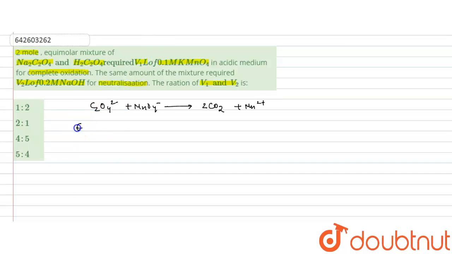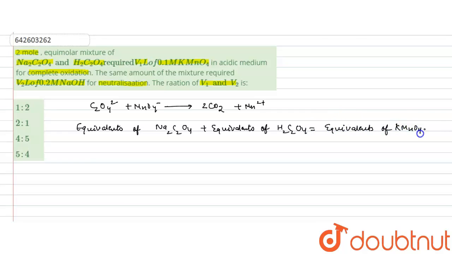So we can write: equivalence of Na2C2O4 plus equivalence of H2C2O4 will be equal to equivalence of KMnO4 solution. Now, the number of equivalents is calculated by the formula.